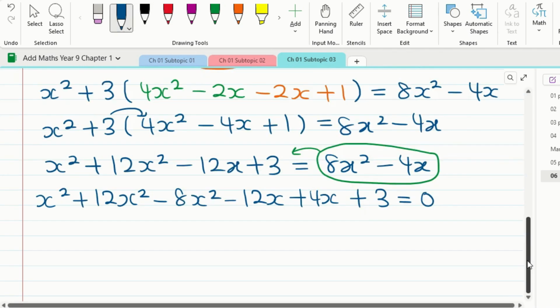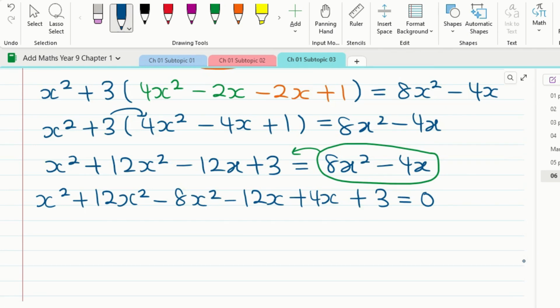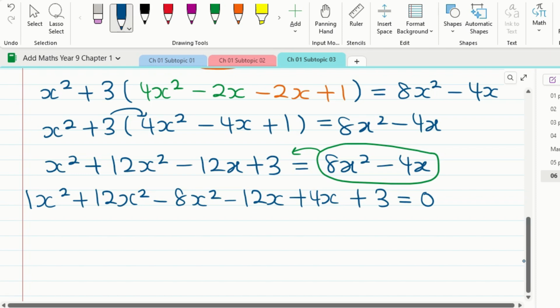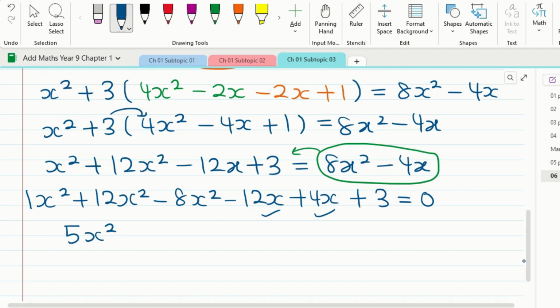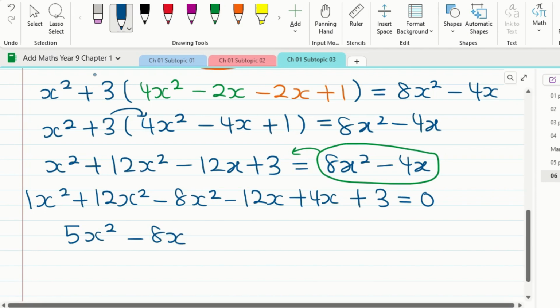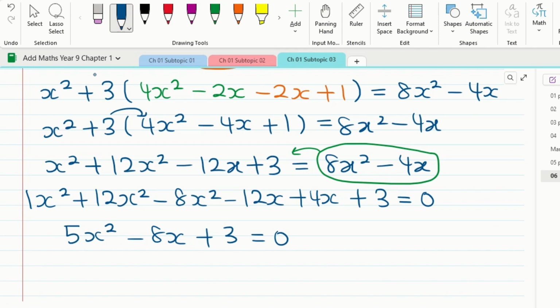So if you simplify this carefully, 1x squared plus 12x squared is 13x squared, 13 minus 8 will give you 5x squared. And then a negative 12x plus 4x will give you negative 8x, and the constant term is a plus 3 equals to 0. So here this is a quadratic equation.